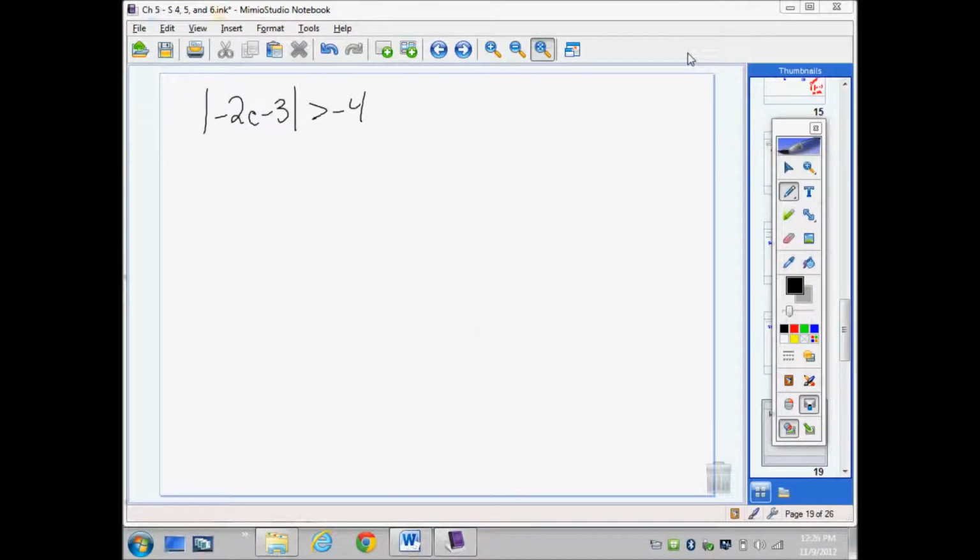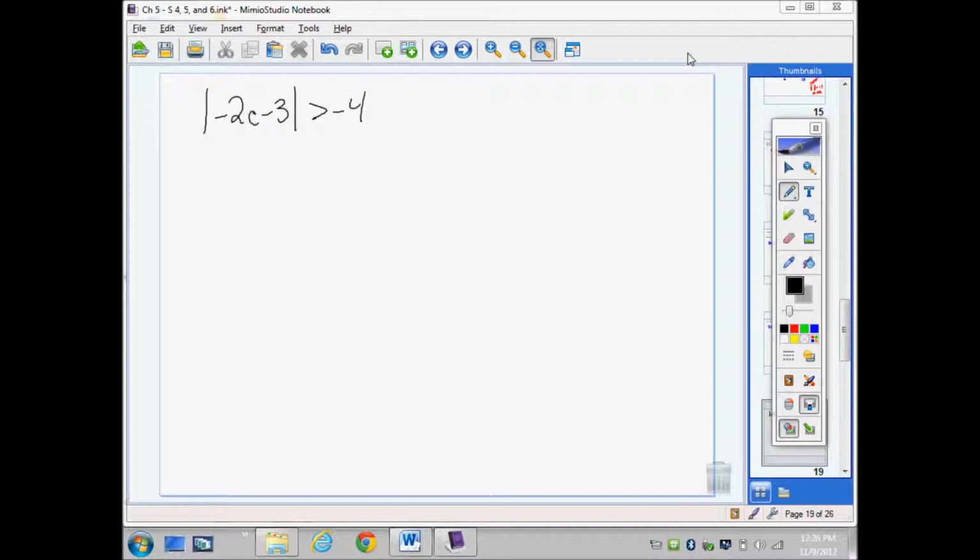Remember I told you that you cannot have absolute value less than a negative? You can have greater than a negative, because absolute value is positive, and positive is greater than negative, so this is still true.